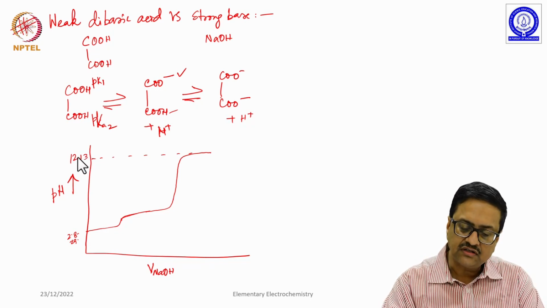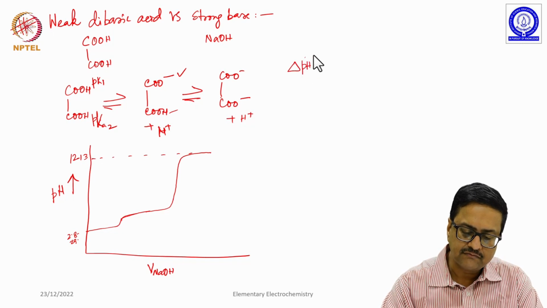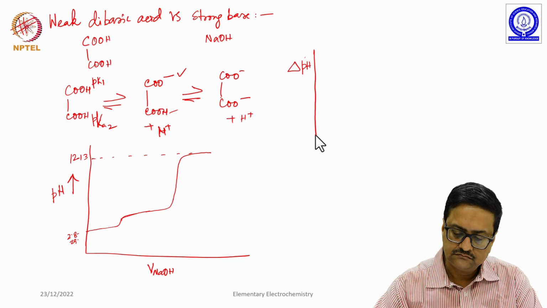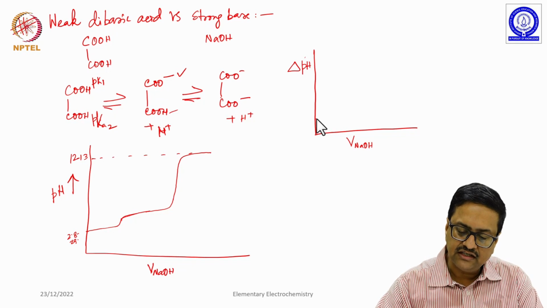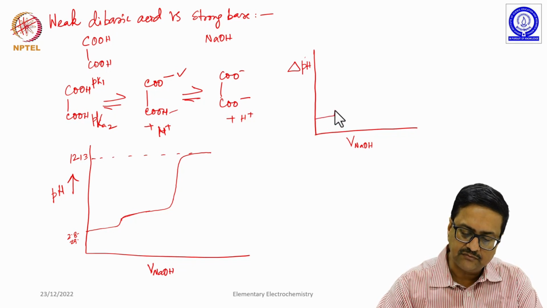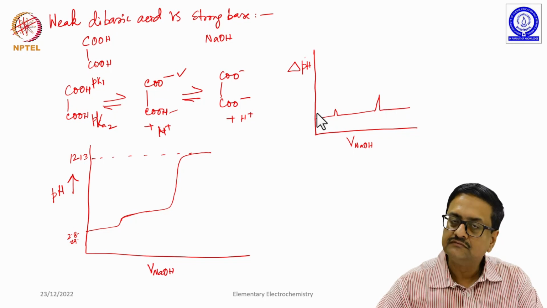Now, if we plot this experiment in terms of delta pH versus volume of NaOH, you will see that initially it was increasing. You have a small peak like that, again it increases very little, and then a tall peak, and it goes.